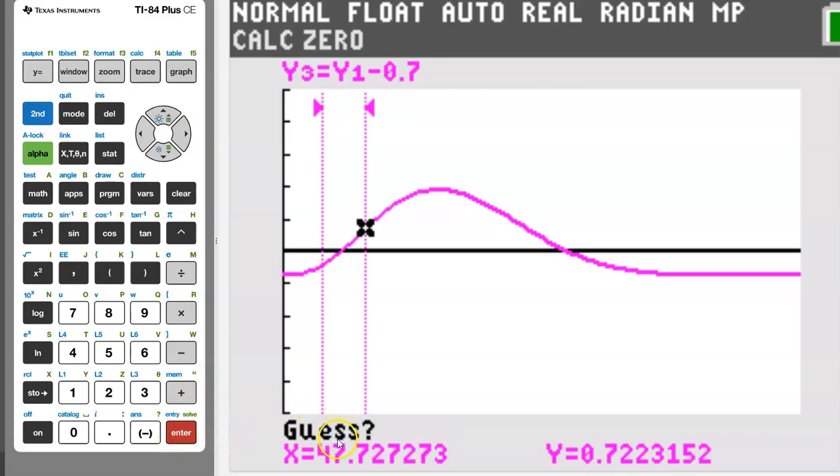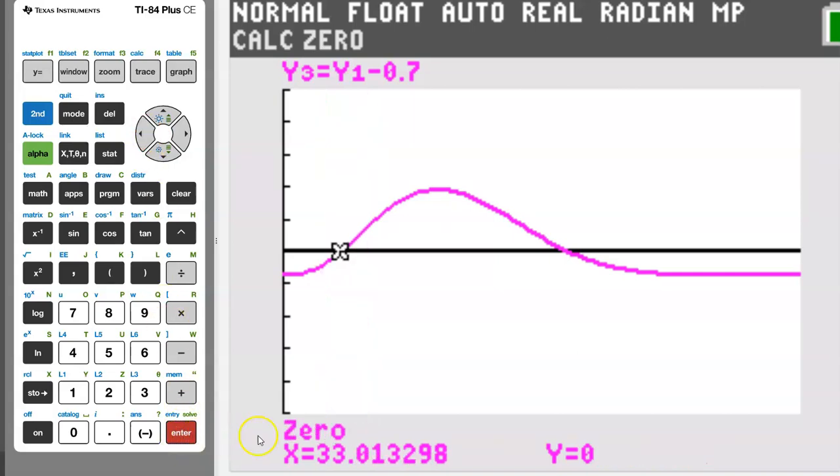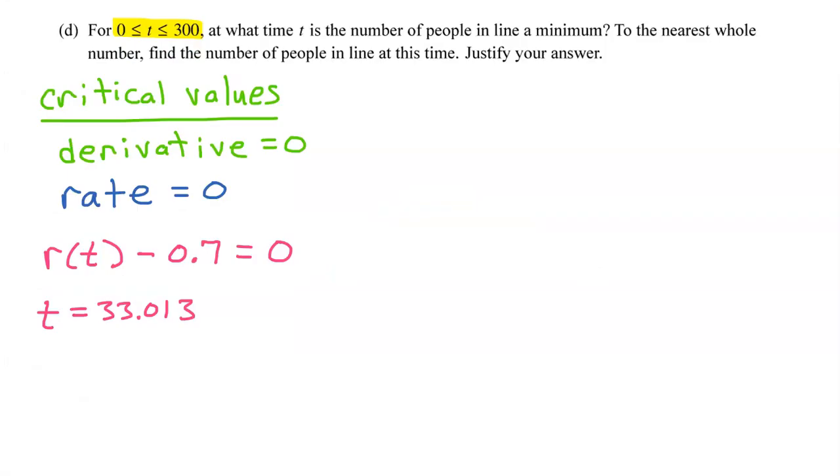Now the calculator asks for a guess. So move right to about where the x-intercept is and hit enter. So this is the first critical number, 33.013. We are going to need to use this value later when we make the candidates test.